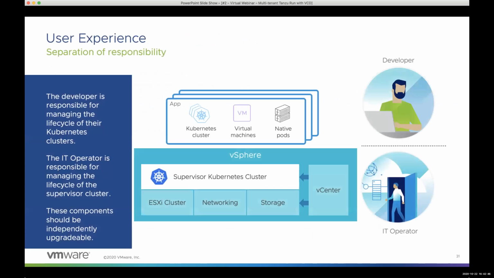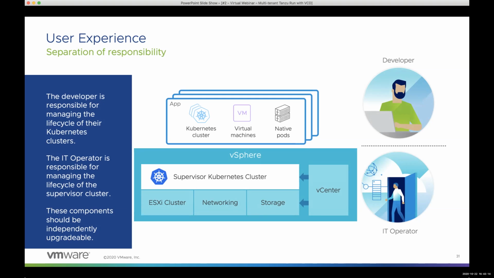A little bit on vSphere with Kubernetes. If you see this screen, there is a developer who is trying to deploy applications. He can deploy applications as native pods, a Kubernetes cluster, or virtual machines, while your IT operator can manage your vCenter, storage, networking, the supervisor Kubernetes cluster running on top of vSphere, and then the pods and applications on that.